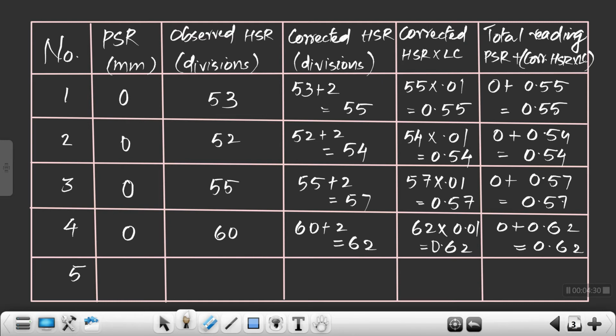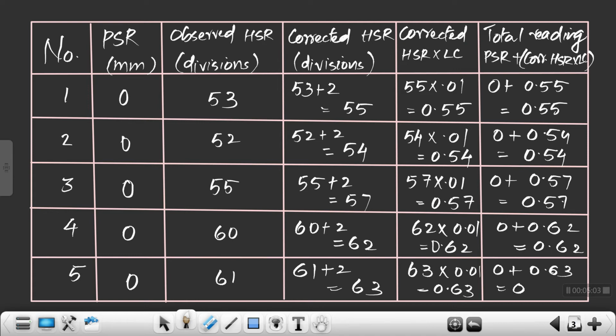And the last trial the PSR value was 0 and the observed HSR value was 61. So the corrected HSR 61 plus 2, that is equal to 63. Corrected HSR into LC 63 into 0.01, that is equal to 0.63, and the total reading is equal to PSR plus corrected HSR into LC. PSR is 0 plus HSR into LC, that is equal to 0.63 itself.